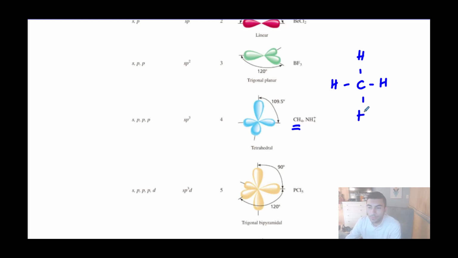And the reason why we used it was we looked at carbon's electron configuration, its orbital diagram. And we notice that there's 2 electrons in the 2s sublevel and 2 in the 2p.